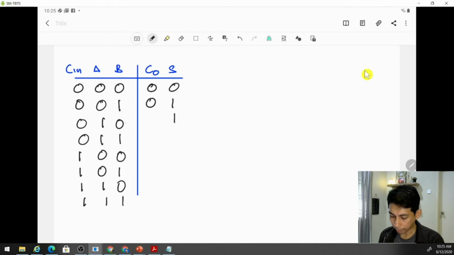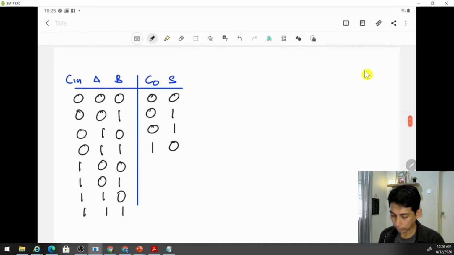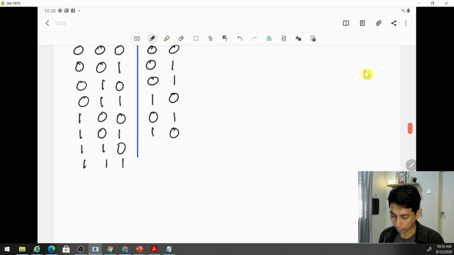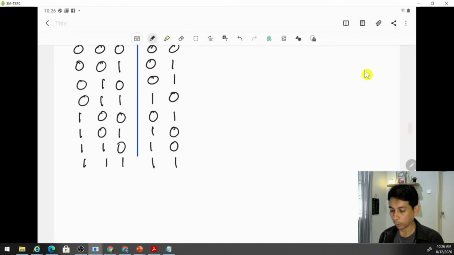This one also the same. This one you have sum 0 and carry equal to 1. And the last one should be 1 and 1.